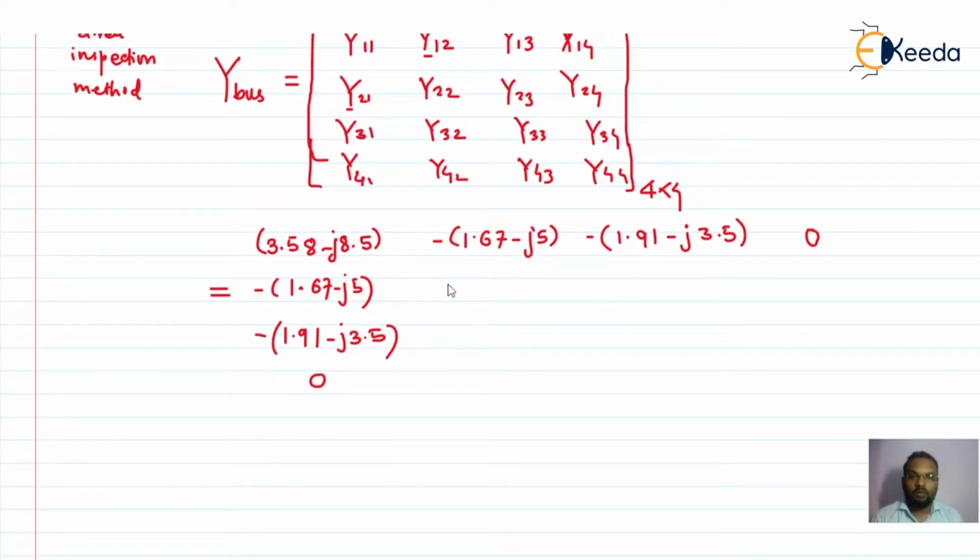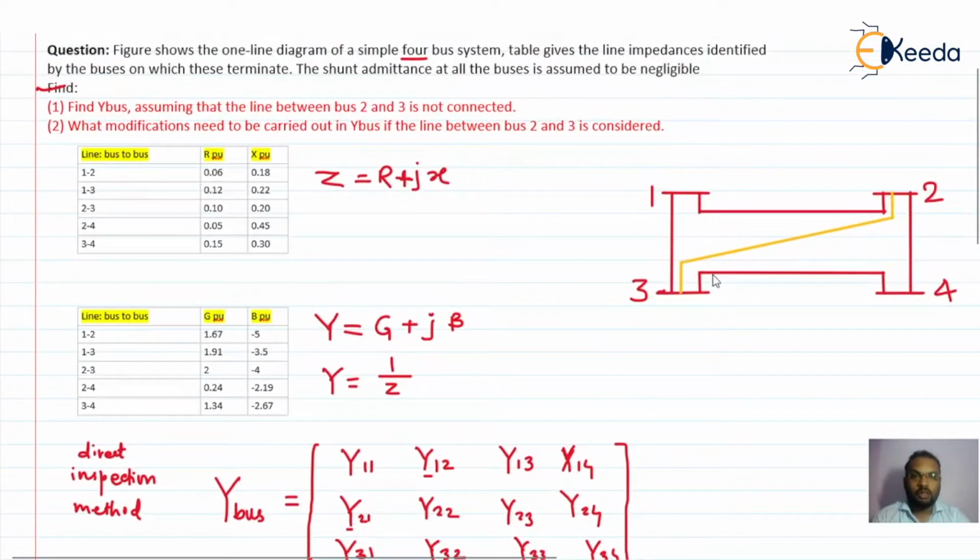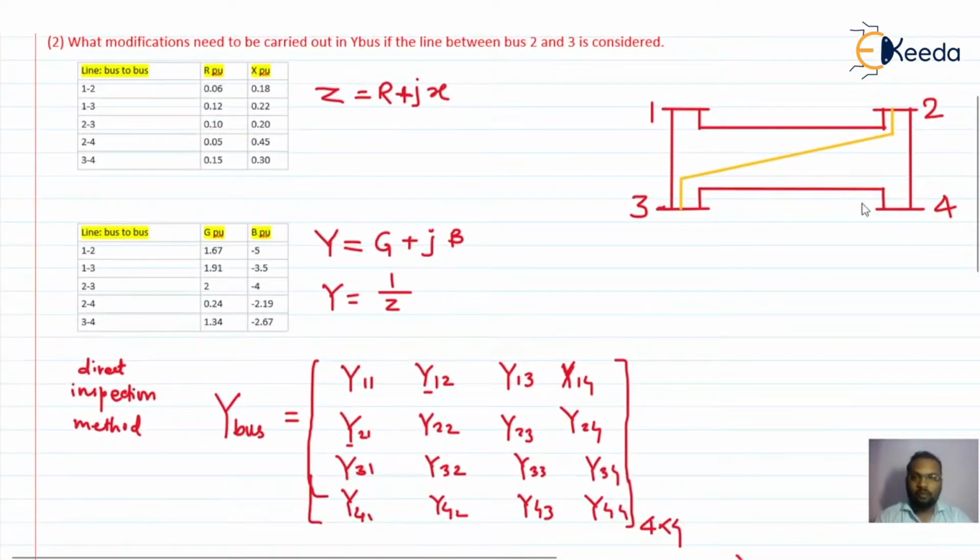Then comes Y22. We need to consider the admittances connected to bus 2. Here I'm getting two admittances. One is of the line between 1 and 2, and the second is the line between 2 and 4. First I'll consider the line between 1 and 2. It will be 1.67 minus j5.